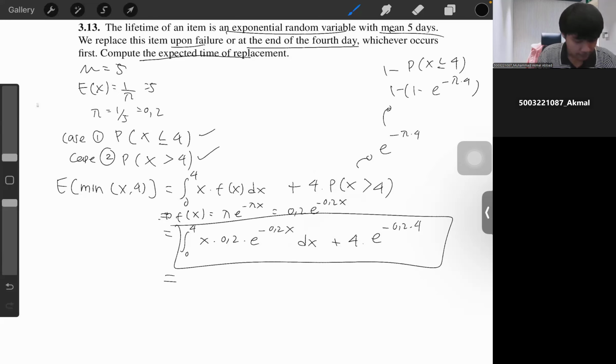We get that the value of the first term is 0.9 and the second one is 1.7. So we get that the expected time of replacement is 2.6.